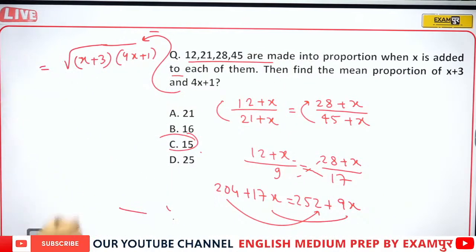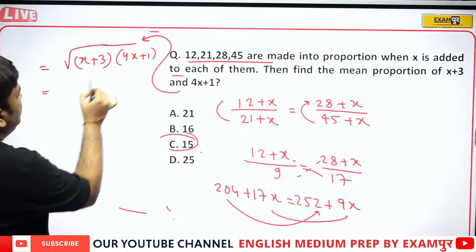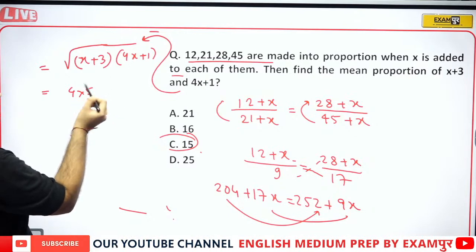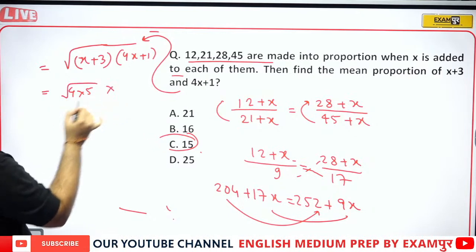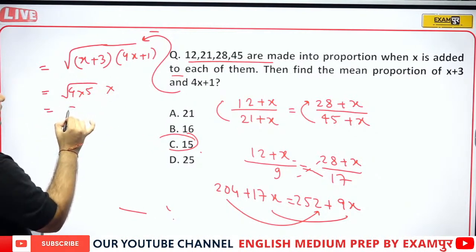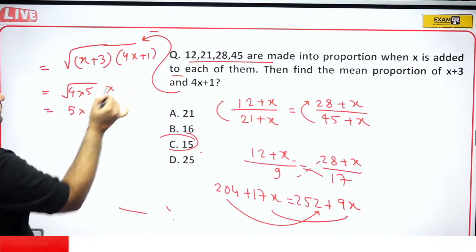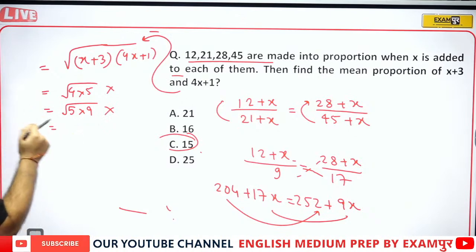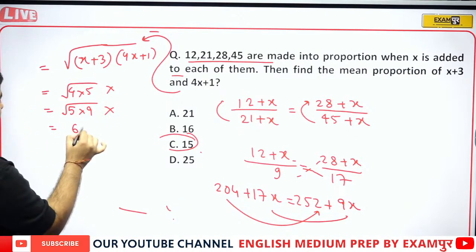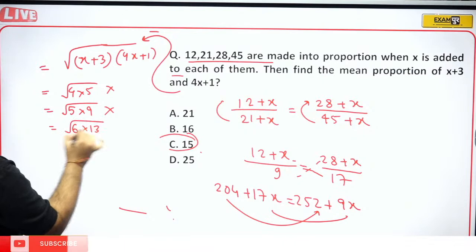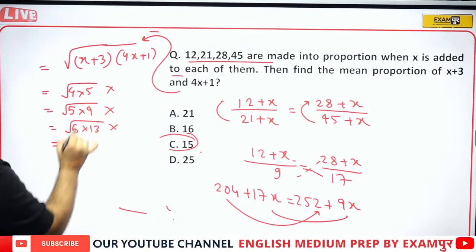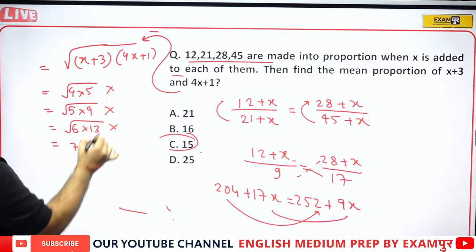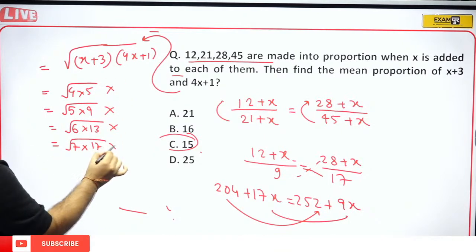So, if you take x is equal to 1, 4 into 5, 20, not a perfect square. If you take x is equal to 2, 5 into 9, 45, not a perfect square. 3, it's 6 into 13, not a perfect square. 7 into 17, not a perfect square.